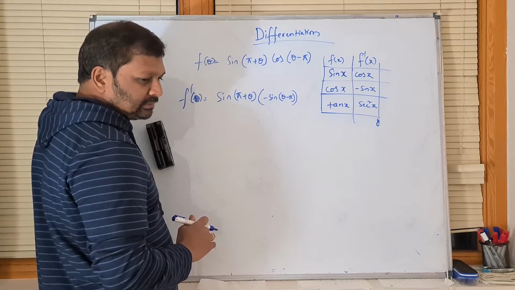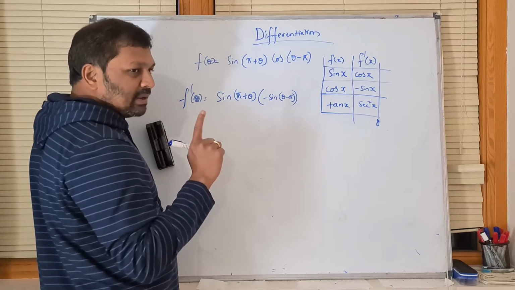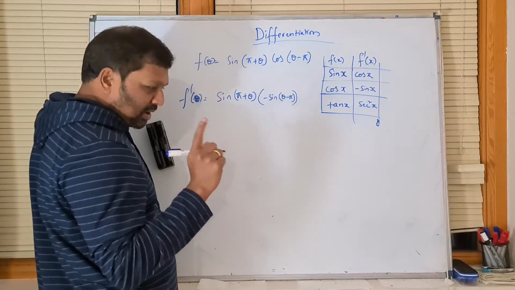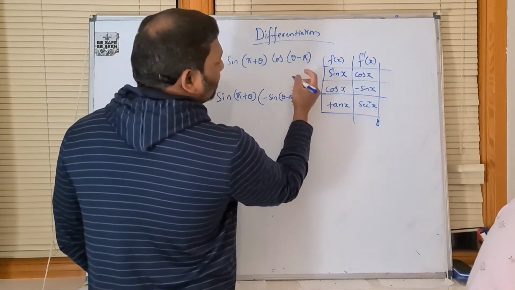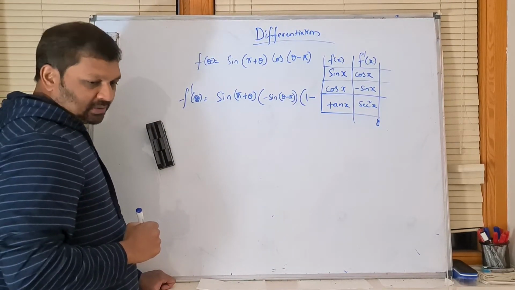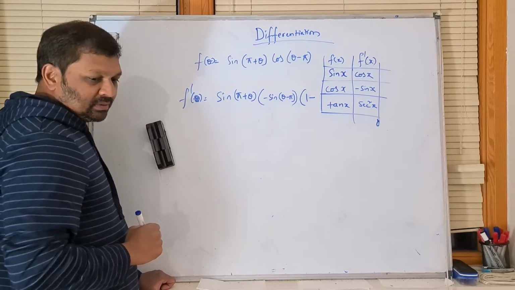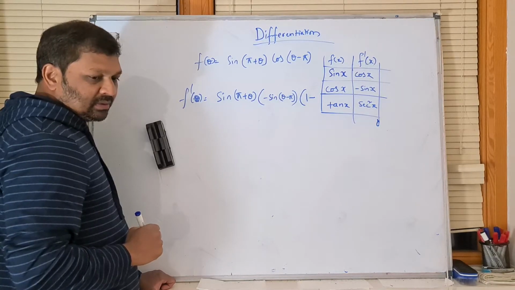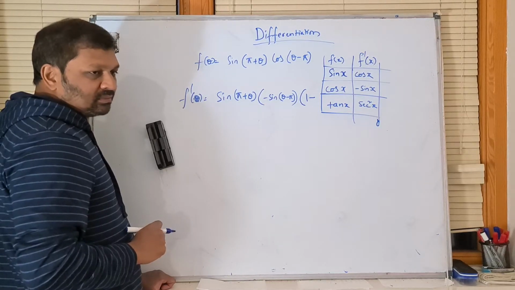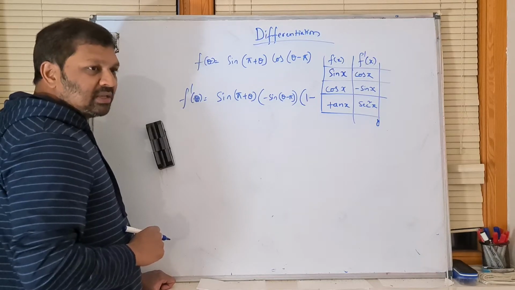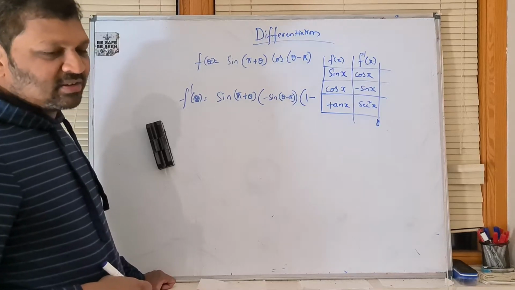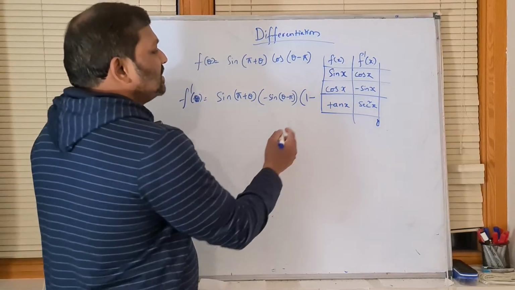The differentiation of theta with respect to theta is 1. What is the differentiation of pi with respect to theta? It is 0. Pi is a constant.